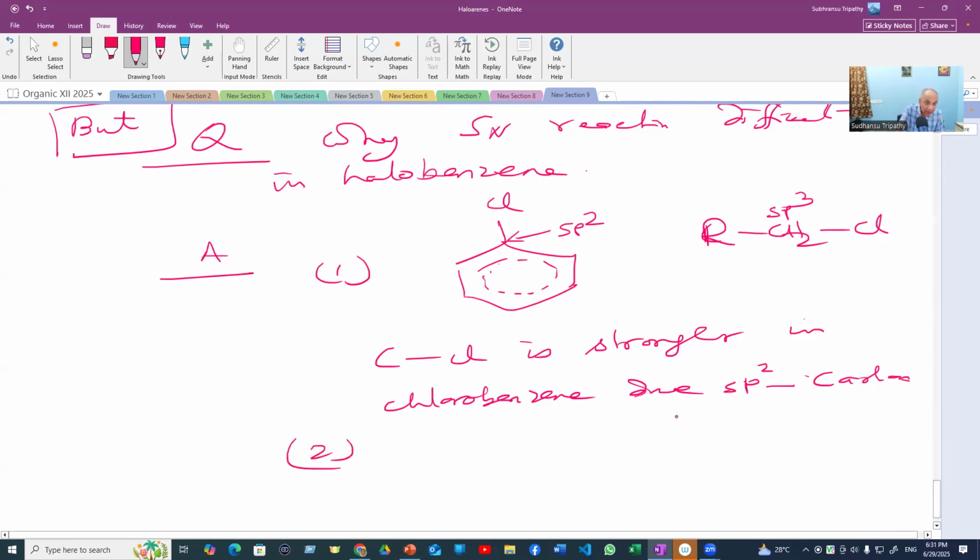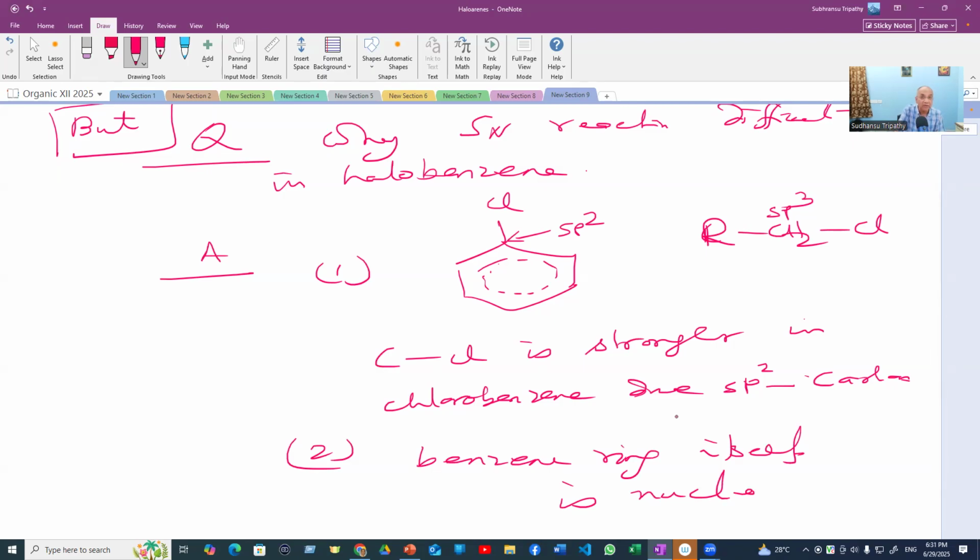And number 2 point, the benzene ring itself is a nucleophile, because there is a lot of electron density. So which love electrophiles? They do not love nucleophiles. The benzene ring itself is a nucleophile. We thought that we can explain the ortho-para directive influence of halobenzene through resonance plus R effect.